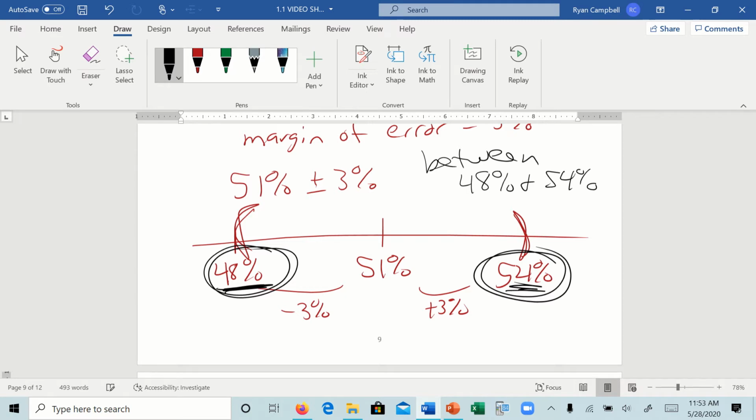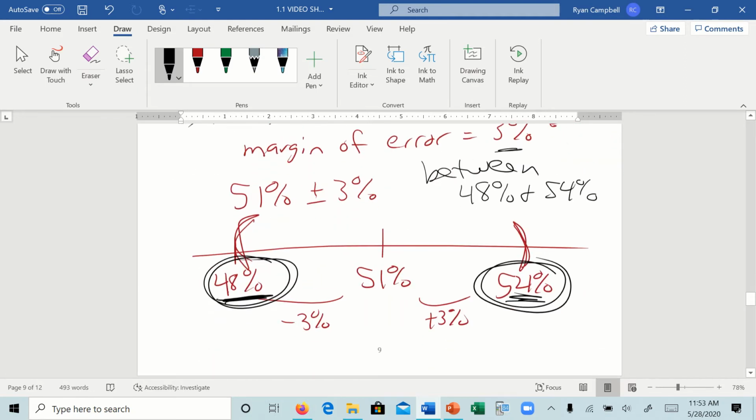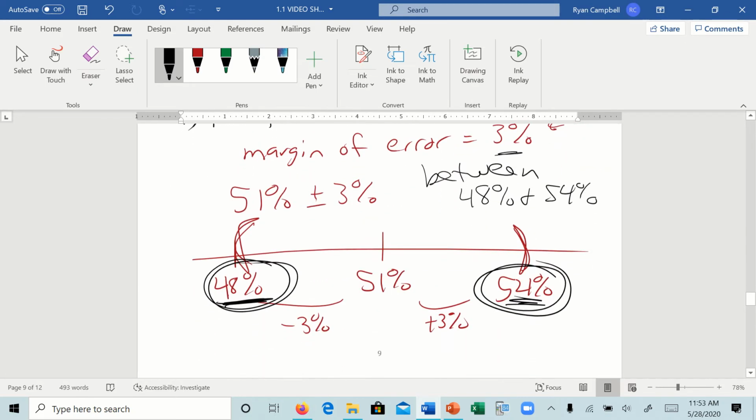And again, a lot of this stuff is going to make a lot more sense later on in the semester when we actually see where this margin of error comes from, where all the other numbers come from. But this is what the inference is. We can say that the population percentage is probably between these two numbers.